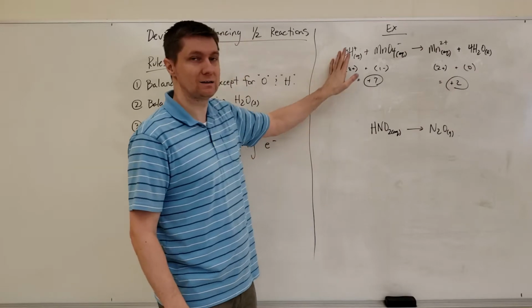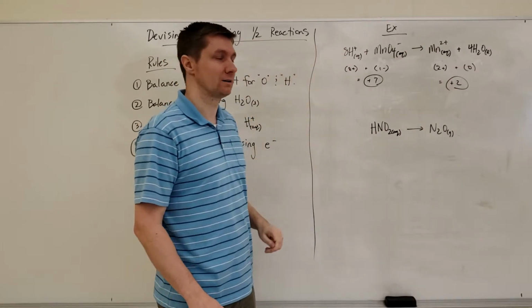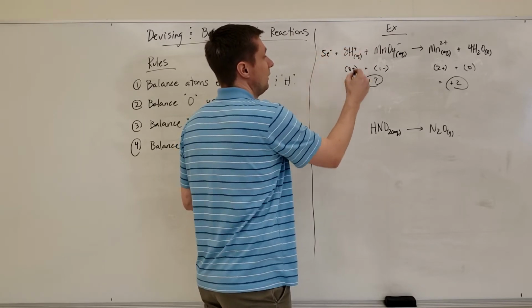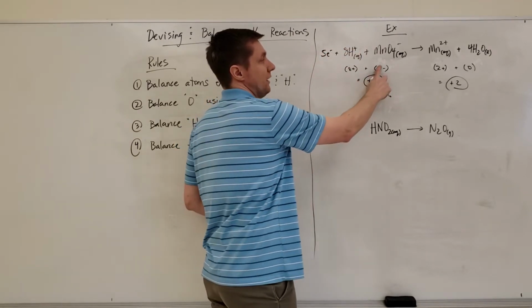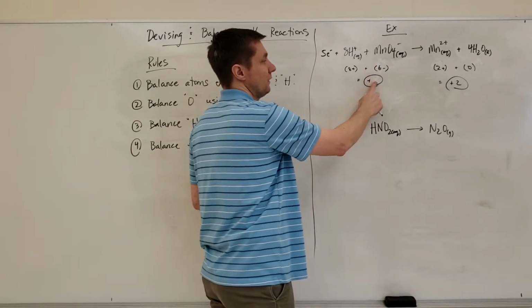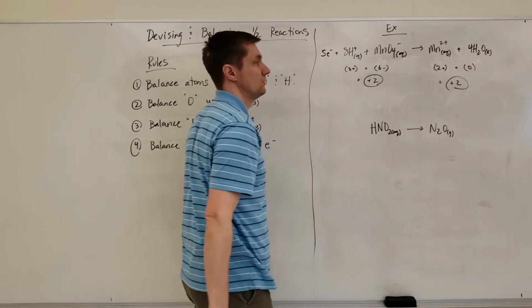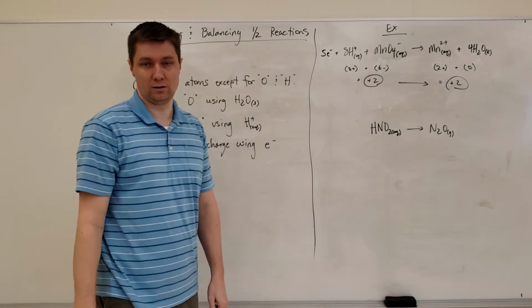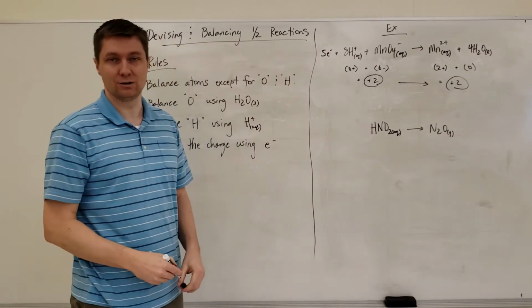I need to add it to the reactant side. If I add 5 electrons here, and change my math so that now instead of 1 negative, I've got 6 negatives, you can see now that this turns into a +2, which balances out with the charge on the product side. And that reaction is now balanced.